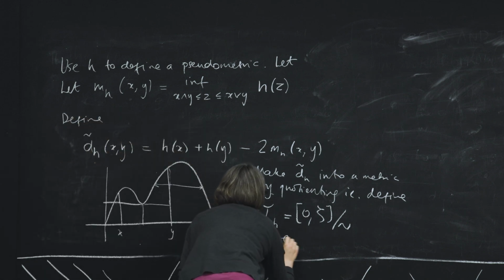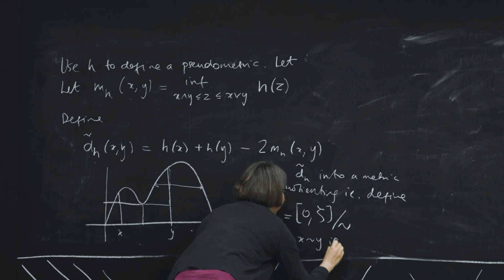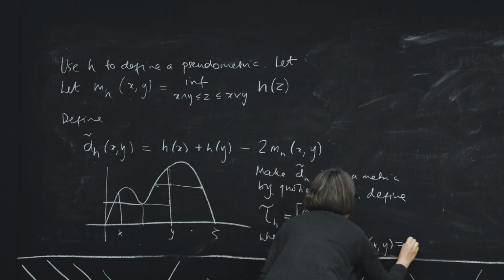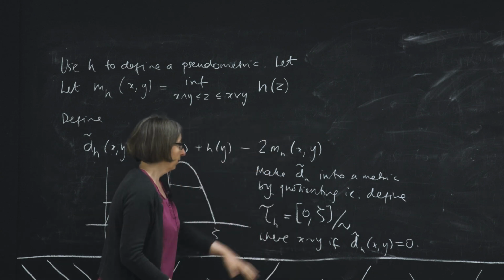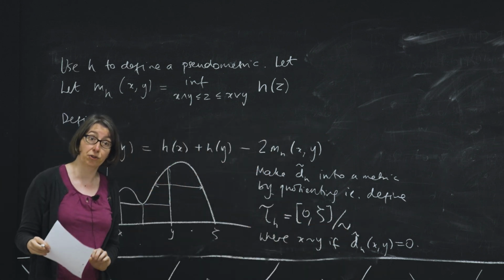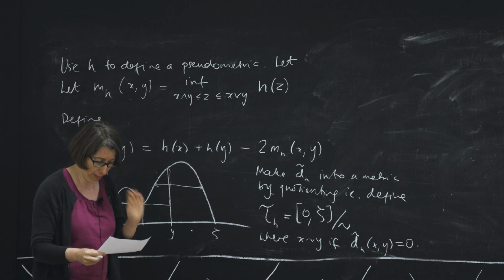Where x tilde y if d tilde h of x and y is 0. Okay. So this quotienting operation is exactly the gluing that I showed you in my picture over there.